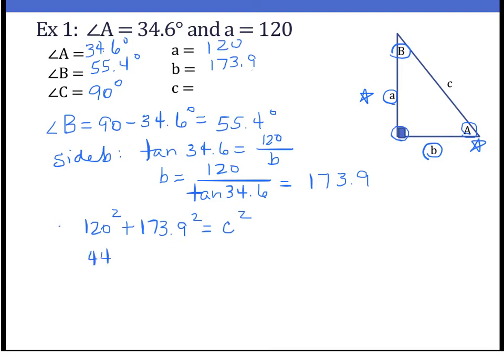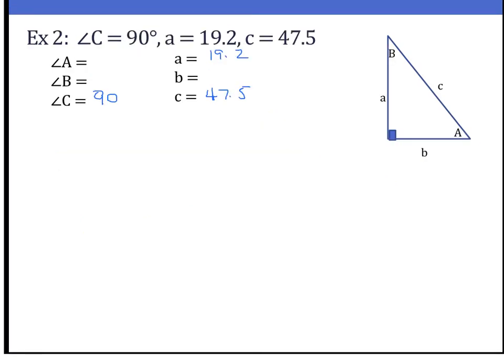You get 44,641.21 equals C squared, and then take the square root of that, and that gives you a side length of 211.3 equals C. And I'm going to write this up here on my list, and that ends the work for this one once I have all sides and all angles labeled.